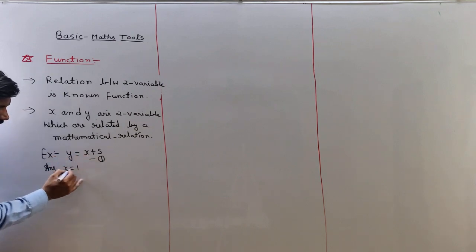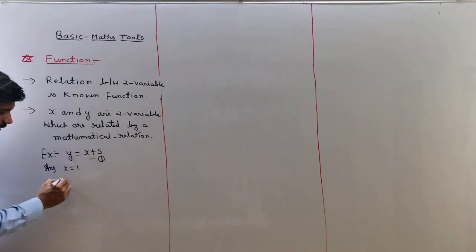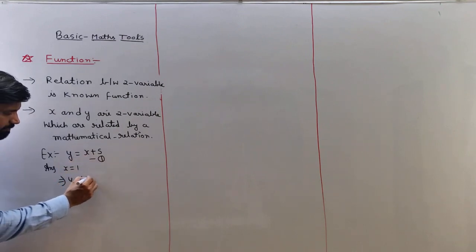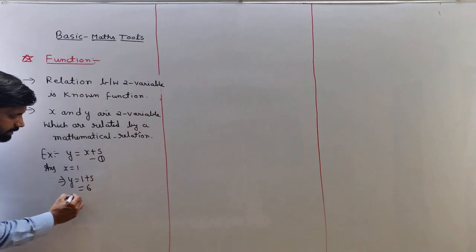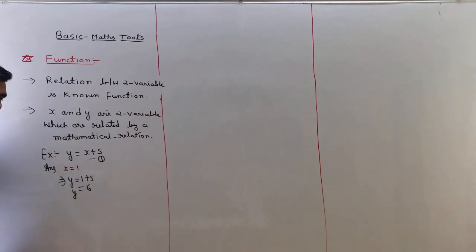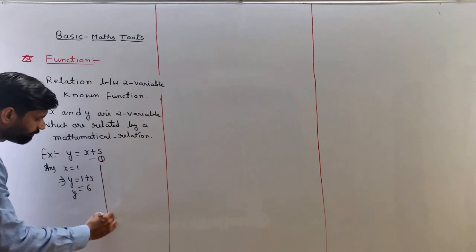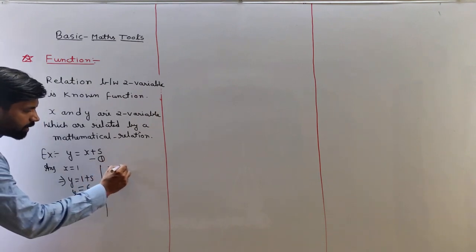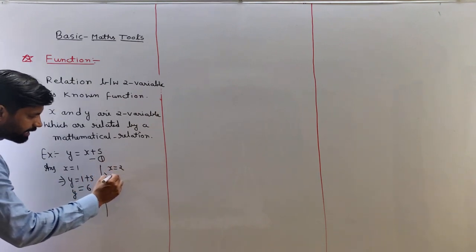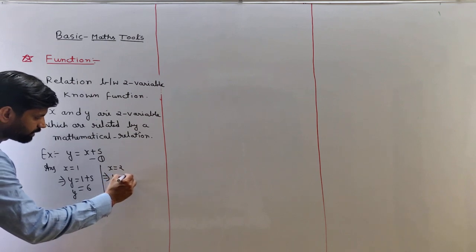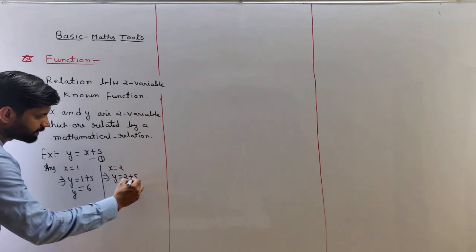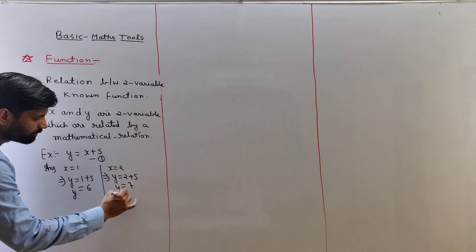So we put x is equal to 1 in equation 1, then we get 1 plus 5, which is equal to 6. Then we get y is equal to 6. If we put x is equal to 2, then we get y is equal to 2 plus 5, that is equal to 7.